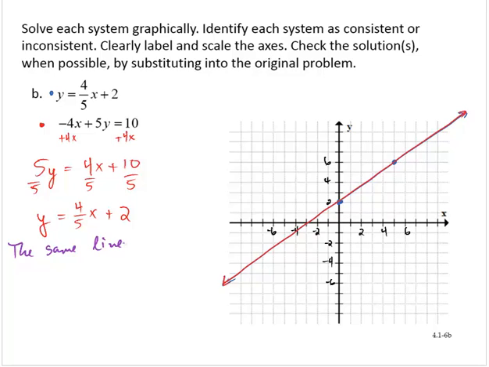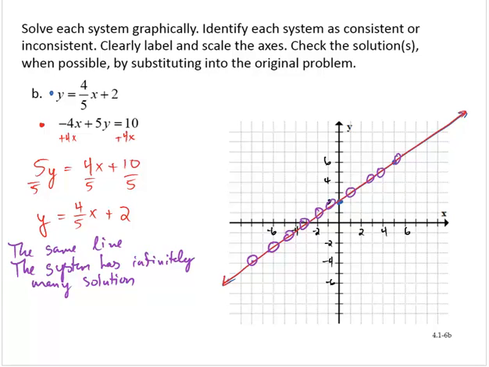So when that happens, we say that the system has infinitely many solutions, because each one of those points on the line is a point of intersection, right? Because those two lines are, in a sense, right on top of each other.